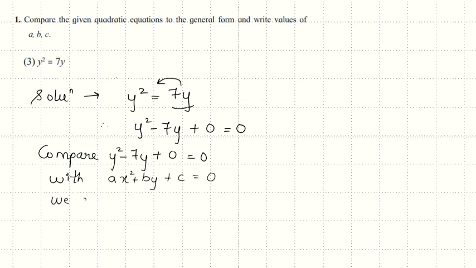We get a is equal to 1. As there is nothing here, that means it is 1. b is equal to minus 7 and c is equal to 0. Just highlighting these to make it easier. Here a is equal to 1, b is equal to minus 7 and c is equal to 0.